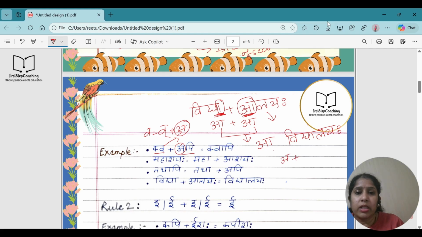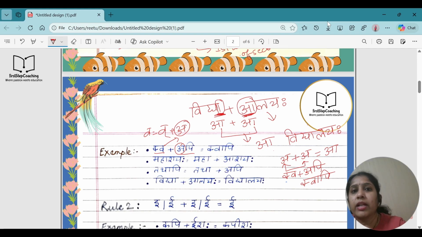The first word is ending with a and the second word is starting with a, so a and a together become ā. That ā matra gets added at the end of the first word, and in the second word, whatever a or ā is there, that disappears. They together make just one matra. So when we have kva and api, what does it become? Ka, and after ka, it becomes the ā matra. So it becomes kvāpi, right?